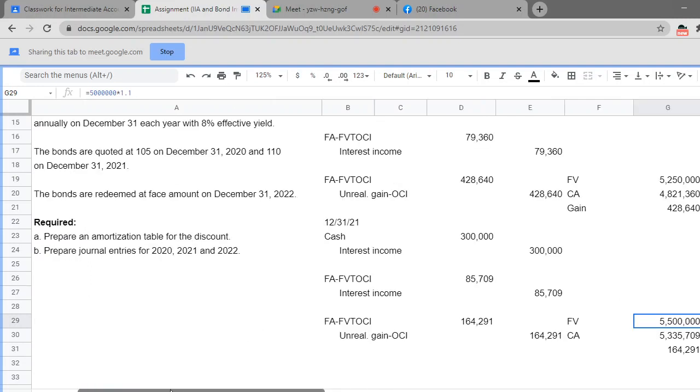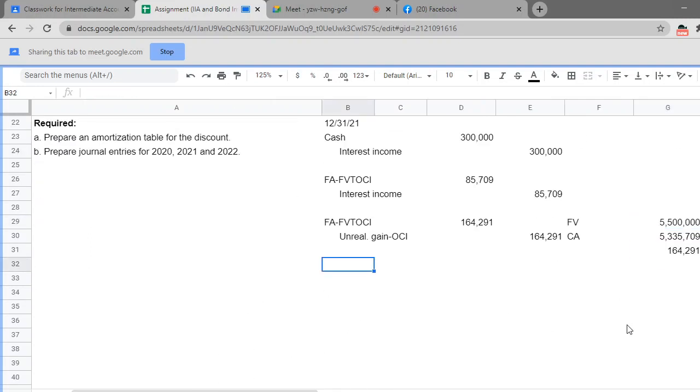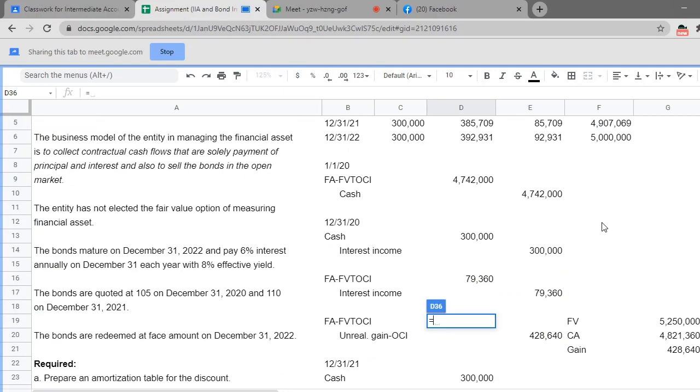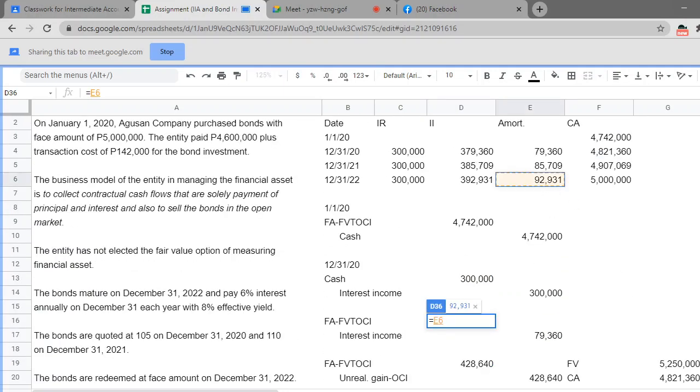It's a gain. Now, for the last year, we have 12/31/2022 and this is the year na magmamature na siya. At last, naabot na yun yung stage of maturity. Okay, so ganun pa rin. We have 300 here. And amortization will be the same diri sa ato ang amortization table.